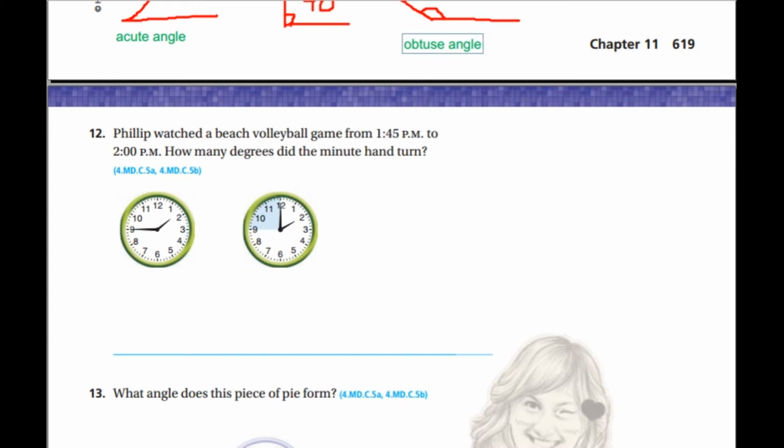This means that he spent all this time from this time to just 2 o'clock. How many degrees did the minute hand turn? So it turned this way. Is it clockwise or anti-clockwise? It's clockwise. Can you see the highlighted area?